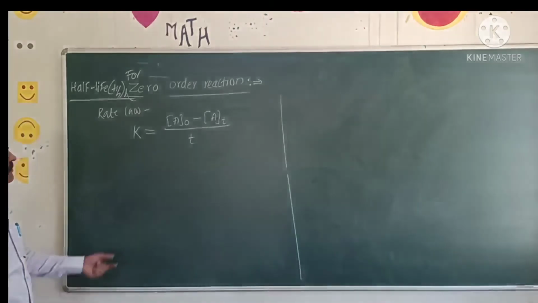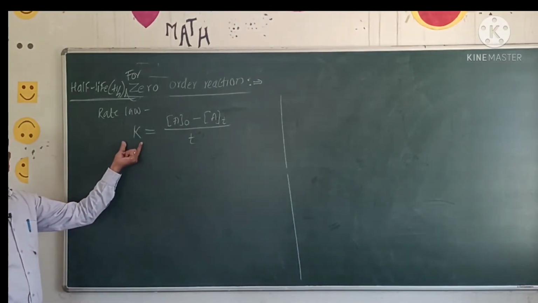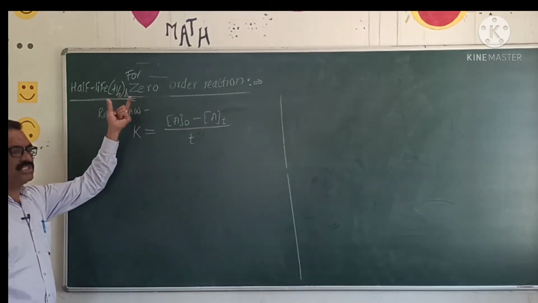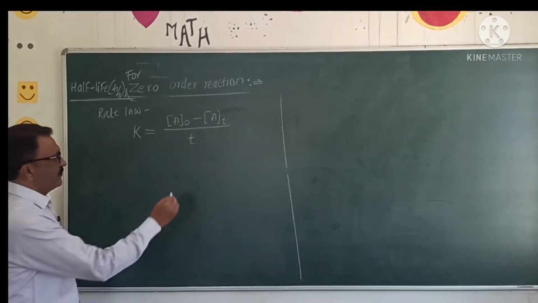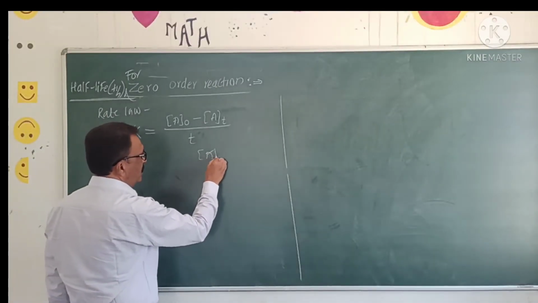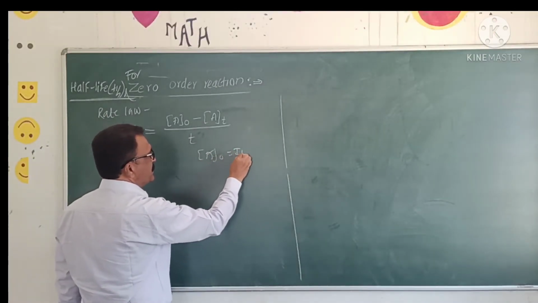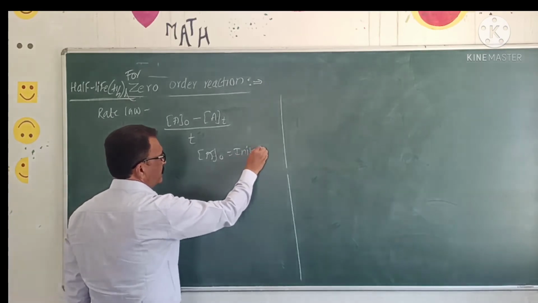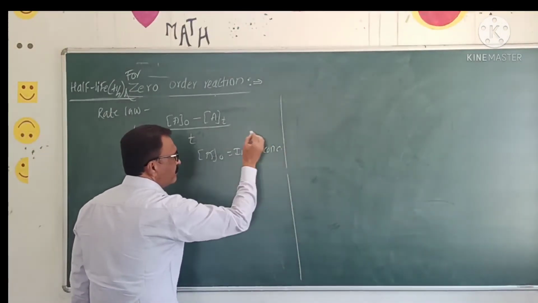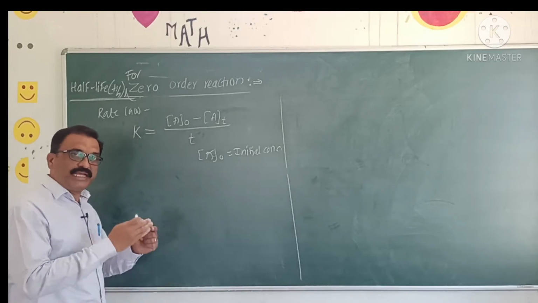Here A0 is the initial concentration when time is equal to 0, that is at the beginning of the reaction.